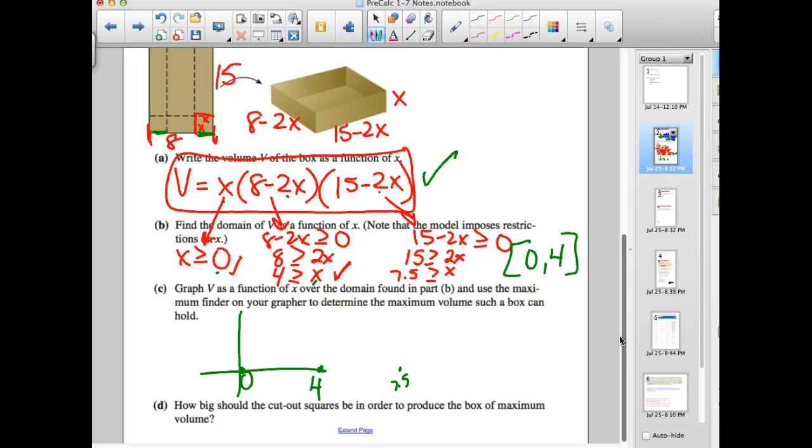So we have this cubic graph that's going to do something like this, but we're going to ignore that other part. We're only looking from 0 to 4. Play around with the window for y. See how high you need to make it in order to see that peak. When somebody finds it, let me know.